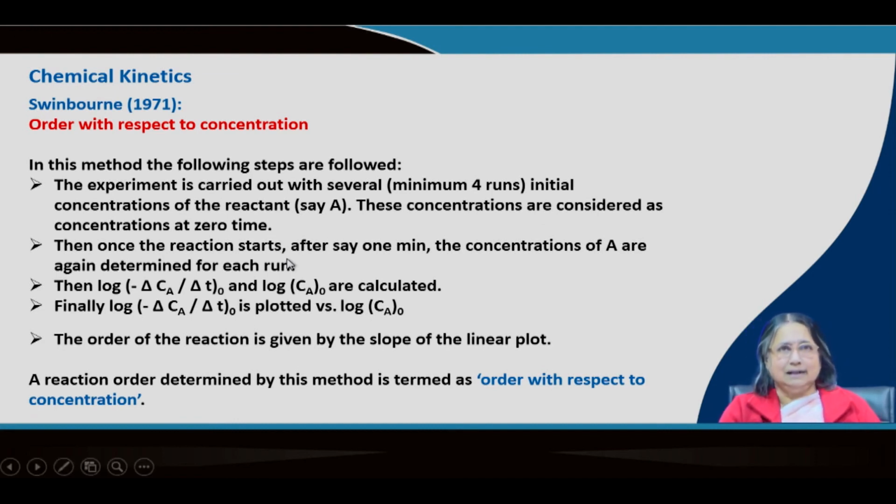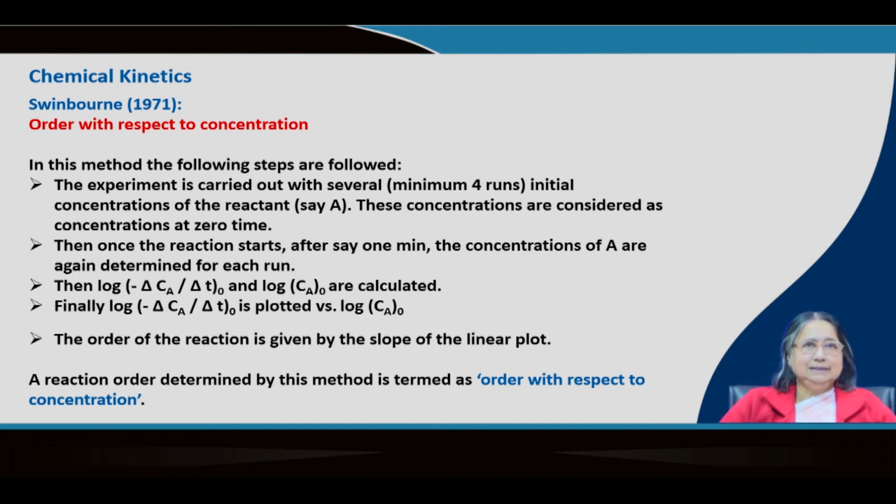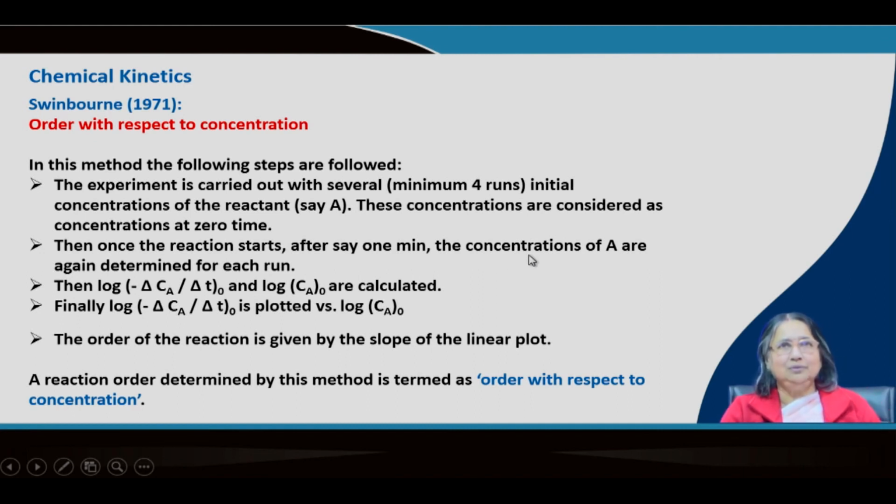Now, the reaction starts. We have the 4 experimental setups, and then the reaction starts, and a small interval is taken, say 1 minute, and the concentration of A is measured for the 4 runs. Then delta Ca, the concentration difference between 0 minute and 1 minute, we can easily find out, and delta T here is 1 minute.